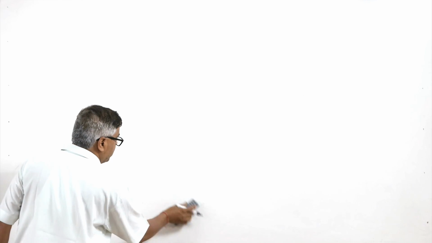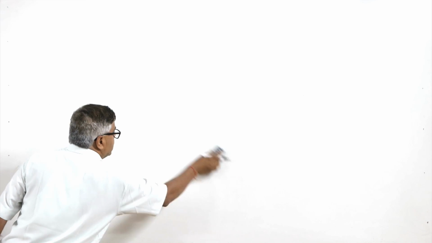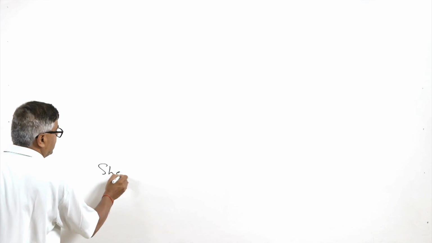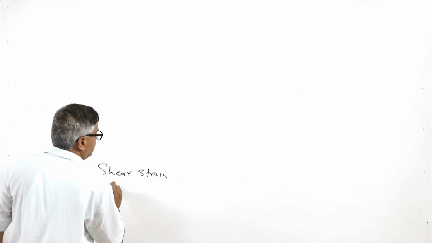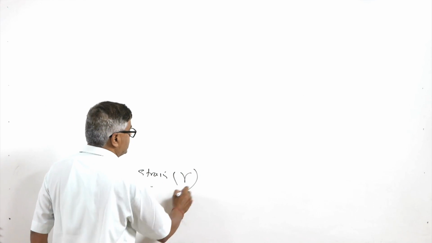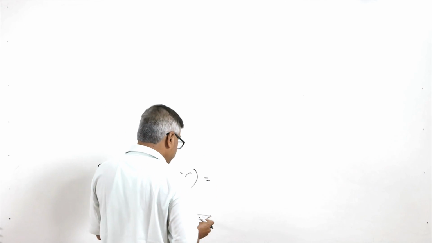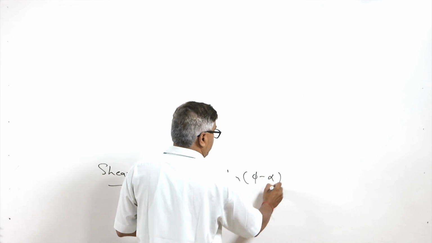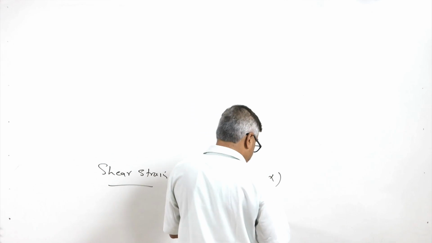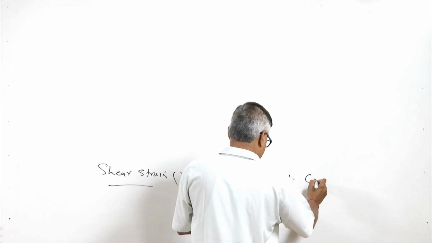Similarly, when the material passes through the shear plane, it is strained severely. The shear strain induced in the material due to the shearing is expressed with the help of one equation, which is written as tan(phi minus alpha) plus cot phi.